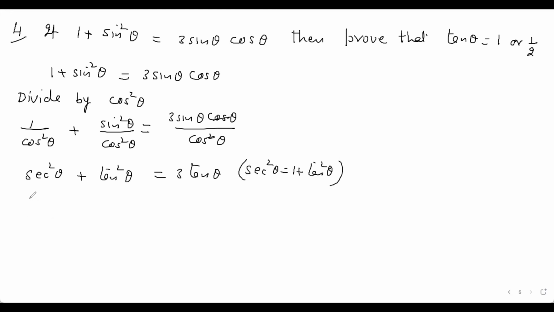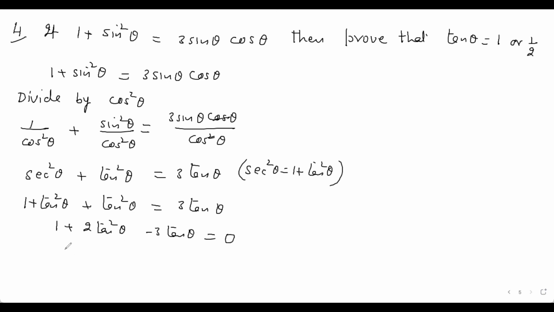So I'm going to write it right here: 1 plus tan square theta plus tan square theta is equal to 3 tan theta. This gives 1 plus 2 tan square theta minus 3 tan theta is equal to 0. So I have 2 tan square theta minus 3 tan theta plus 1 is equal to 0.